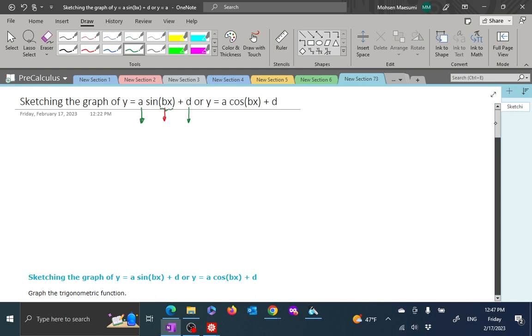One is by point tracking. You can take the 5 points and track them, see where they go, and plot it accordingly. Or you can talk in the language of transformations. So it's good to do both of them and learn it from two different angles.